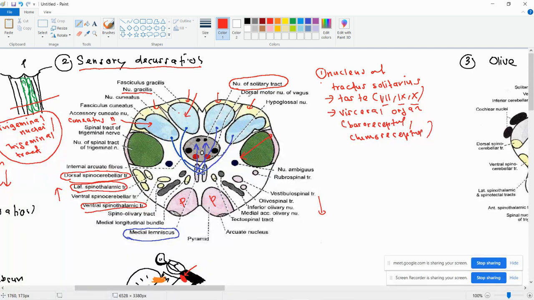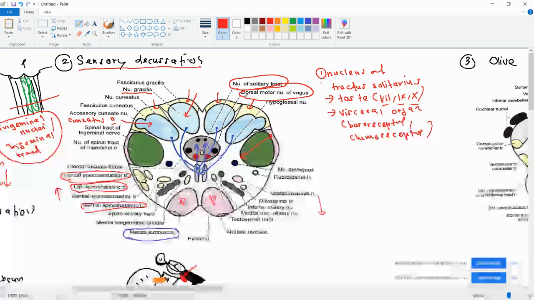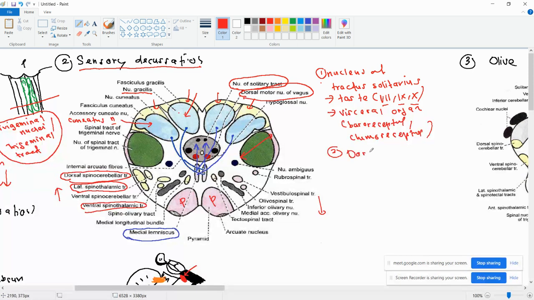Number 2, you have the nuclei which we call the dorsal motor nucleus of the vagus nerve, or simply the dorsal vagal nucleus.